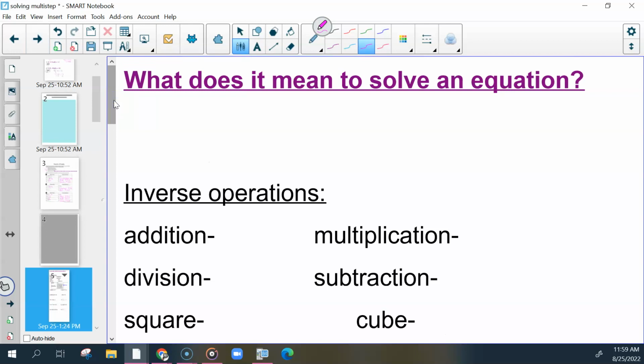Okay. So this question is kind of like going back to the first question I asked about what is a solution. In order to get a solution, we have to solve the equation. We have to use inverse operations to get something that would make the equation true. So I'm going to say find a solution that would make the equation true.